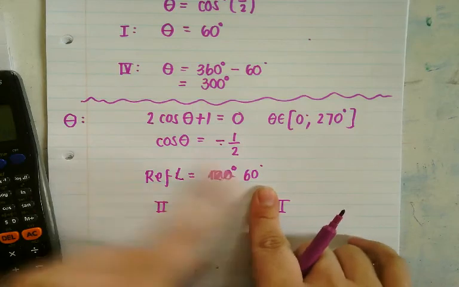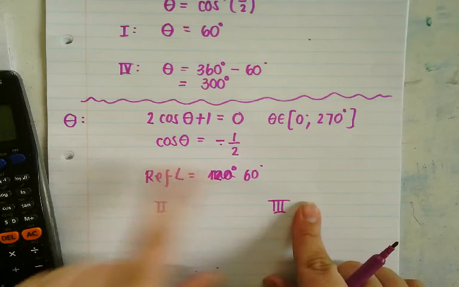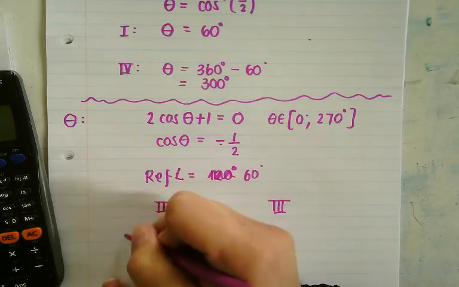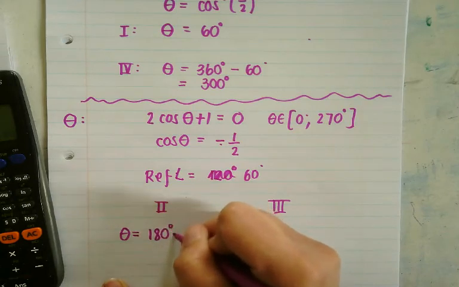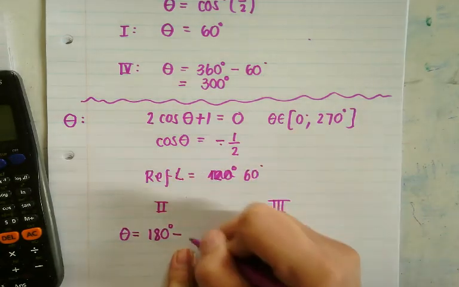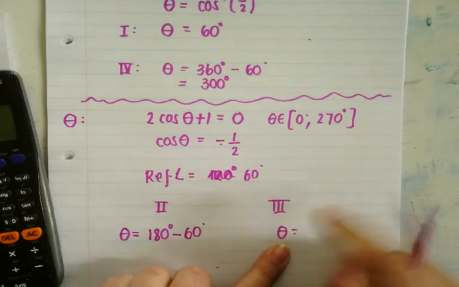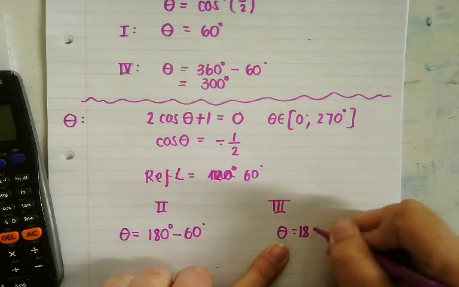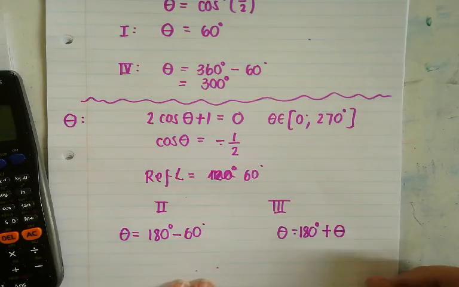Now I need to do the reduction in quadrant 2 and the reduction in quadrant 3. What is quadrant 2's reduction? 180 minus my reference angle. And what is my reduction in quadrant 3? 180 plus my reference angle, which is 60.